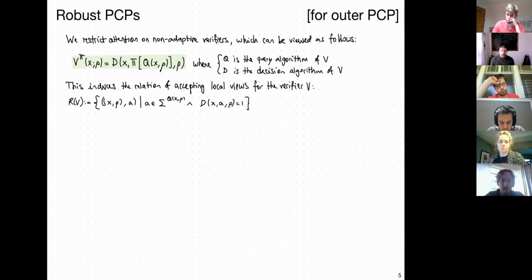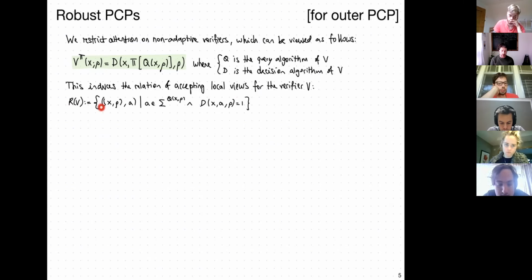And then we want to define just the relation of all accepting local views. So the definition looks a bit long, but it just means the simple thing that these are all local views that would make the verifier accept, right?